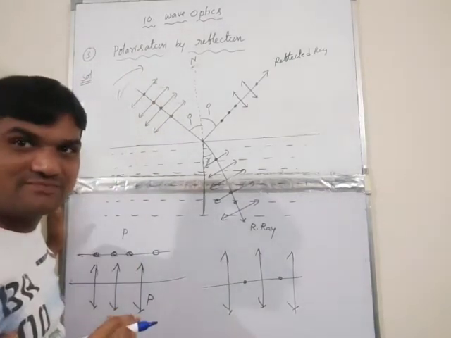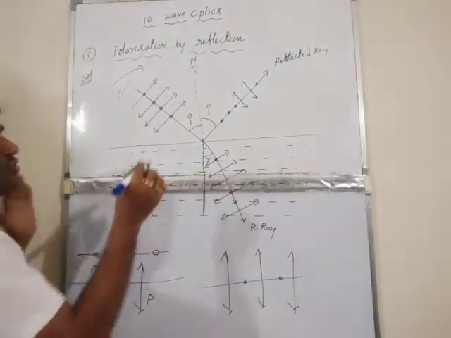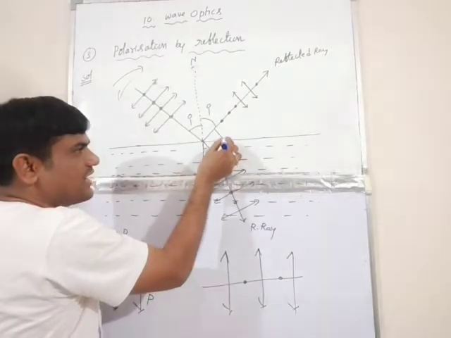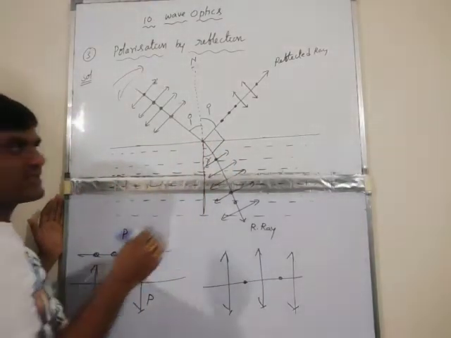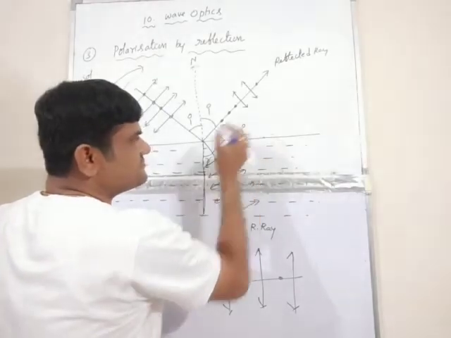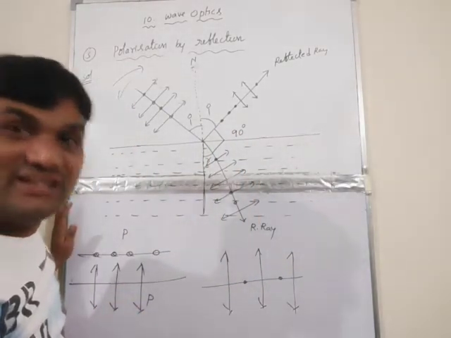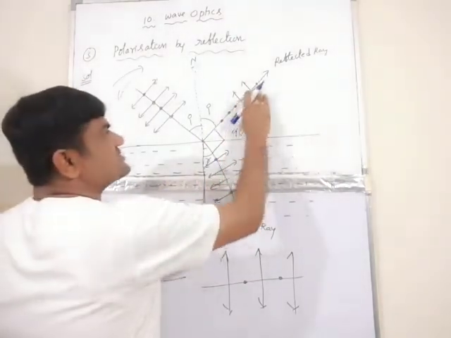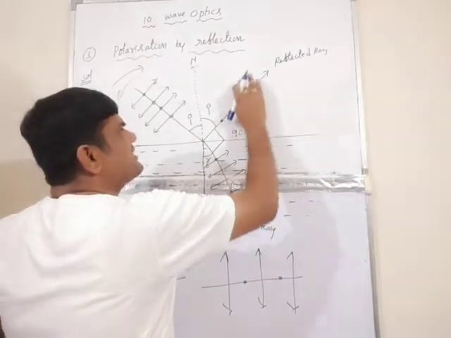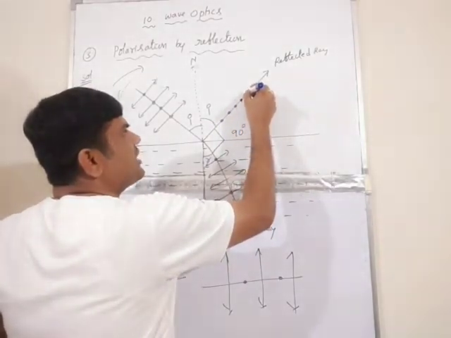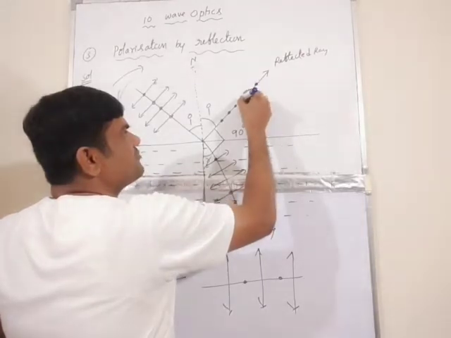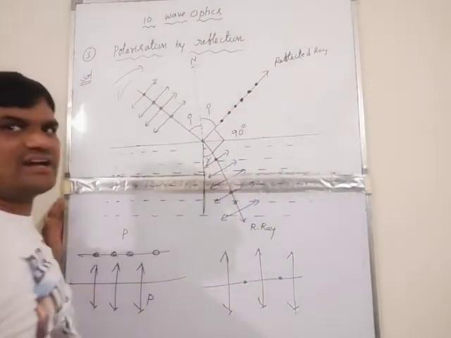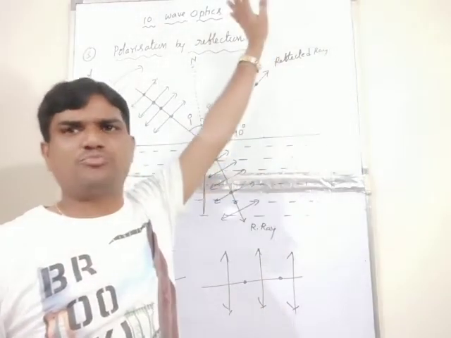But remember the condition. What is that condition? The angle between the reflected ray and the refracted ray is exactly 90 degrees. In that case, at that particular angle, the reflected ray is completely plane polarized, not partially polarized, completely polarized light.